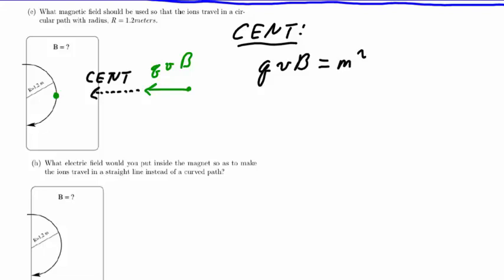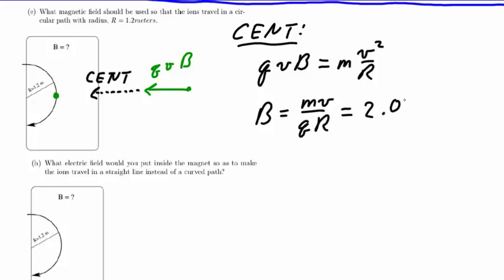The acceleration in the centripetal direction is v squared over r. Thus we are able to solve for the strength of magnetic field necessary to create this motion. After canceling one of the two factors of velocity, we'll have mv over qr. This is why it is often said that a magnetic spectrometer is a momentum selection device. Plugging in the values at hand, we get a result of 2.09 Tesla.